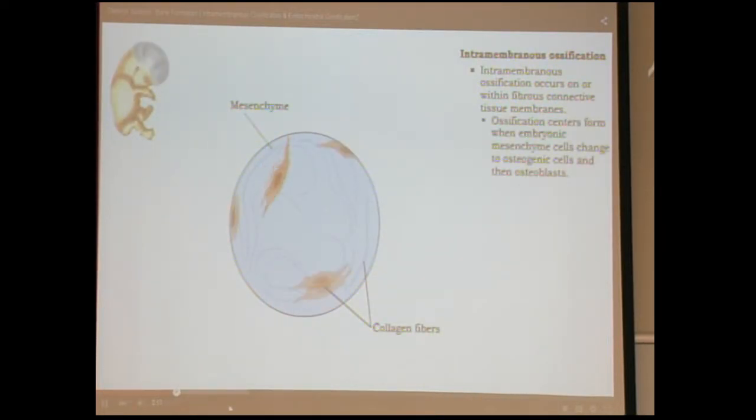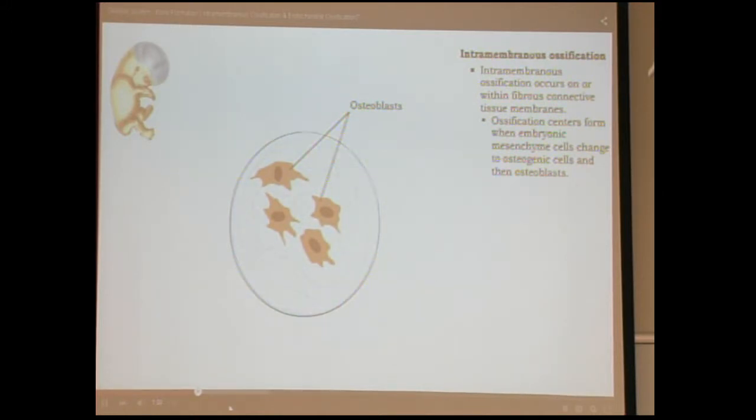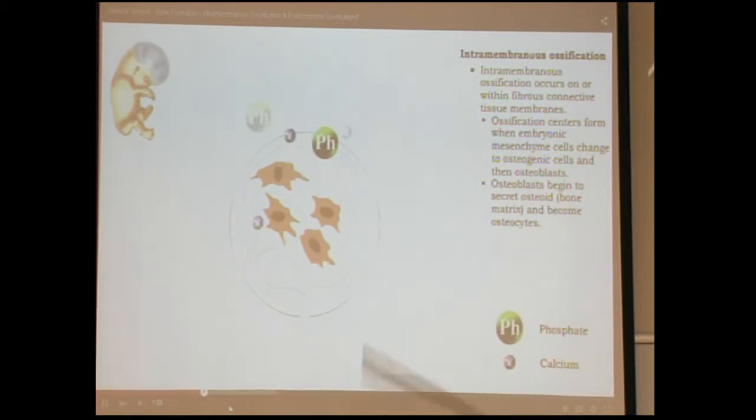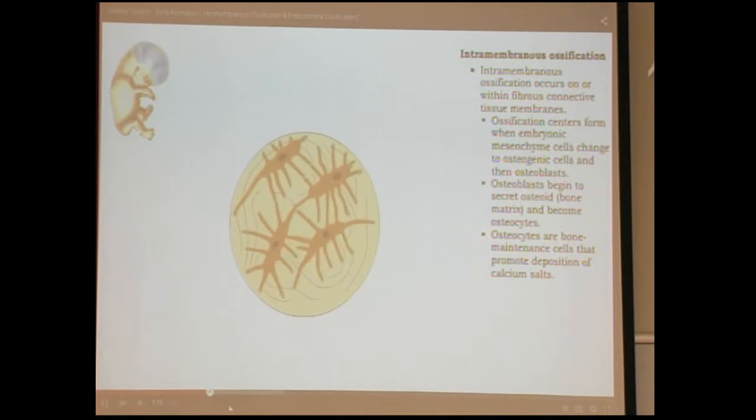All right, so we can kind of see it developing. Mesenchyme, those osteoblasts secrete collagen out here. And then they secrete those calcified salts, which are like rocks, basically. They're like hard minerals.